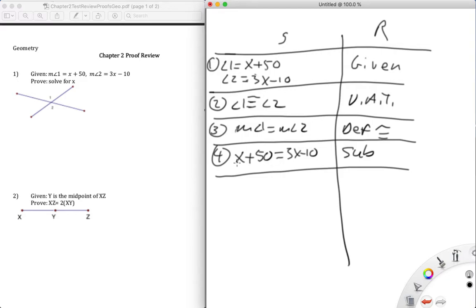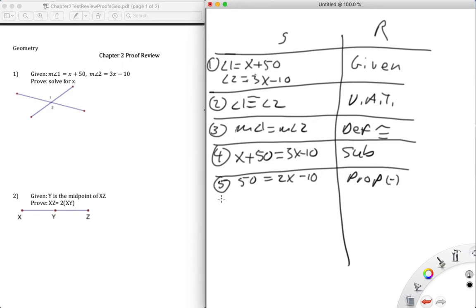And then I can subtract x from both sides, and I can say that 50 is equal to 2x minus 10, subtraction property of equality.